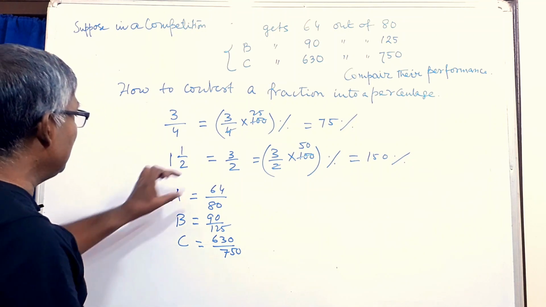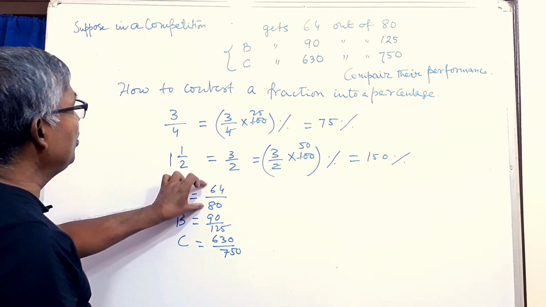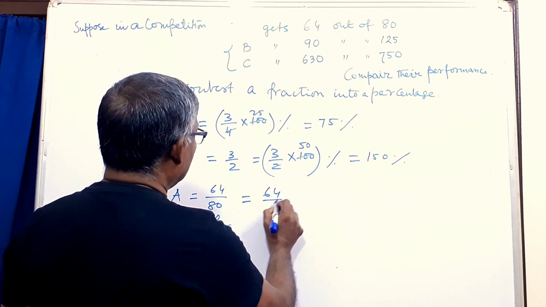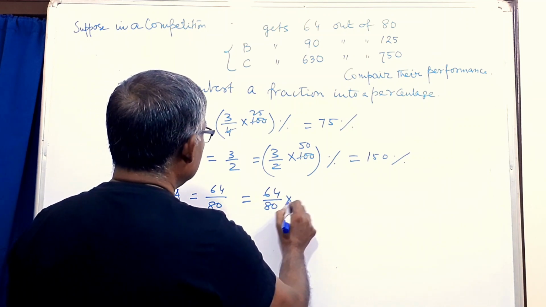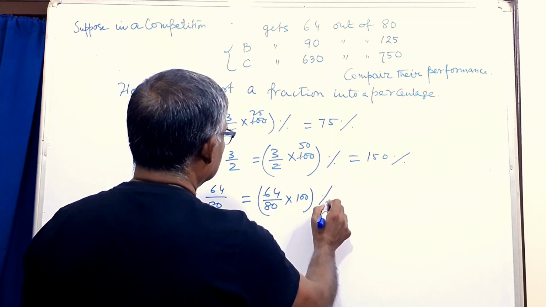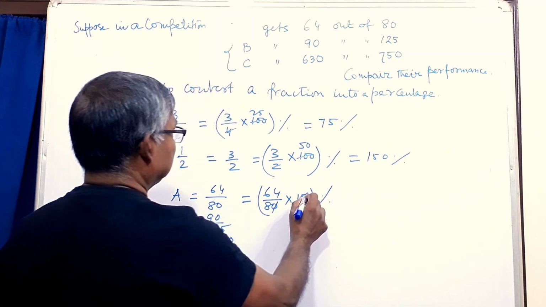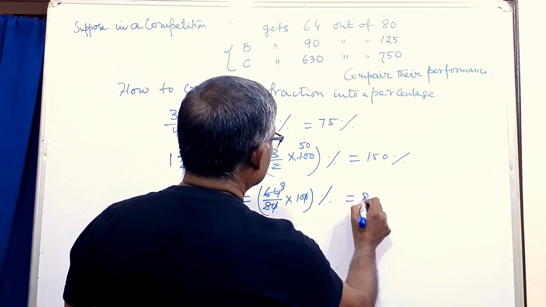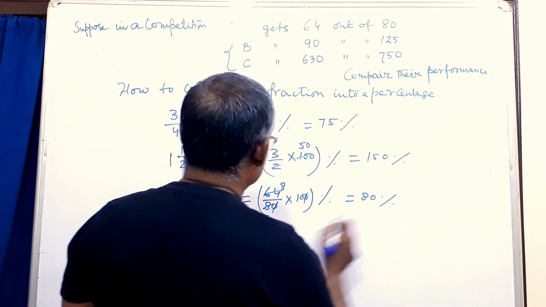Let us convert the fractions into percentage. That is 64 by 80 into 100%, that is 80%.